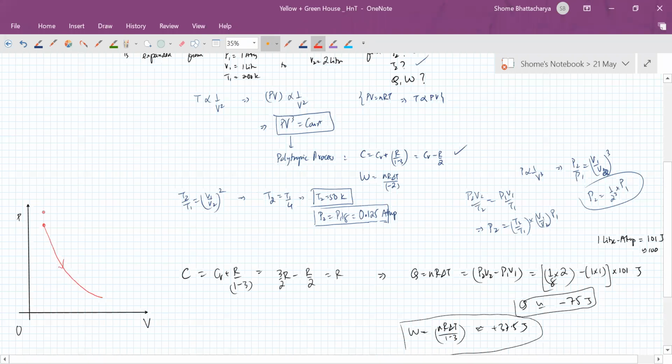If you compare this process with, for example, an isotherm, isotherms will be like this in comparison. It's falling much more rapidly. So the temperature is decreasing as the volume is increasing. So Q is negative, W is positive in this particular process as you're going from 1 to 2. Anyhow, you can get these types of questions.